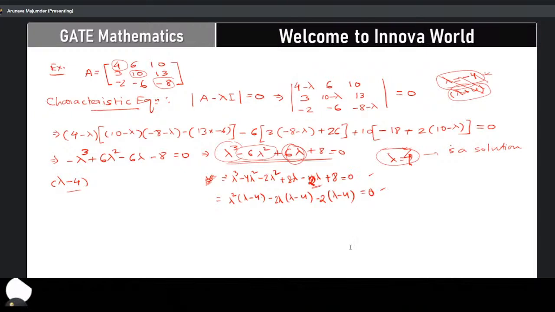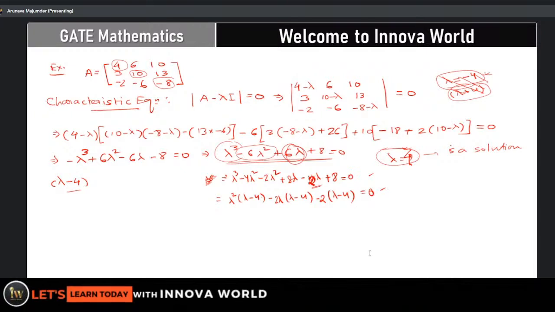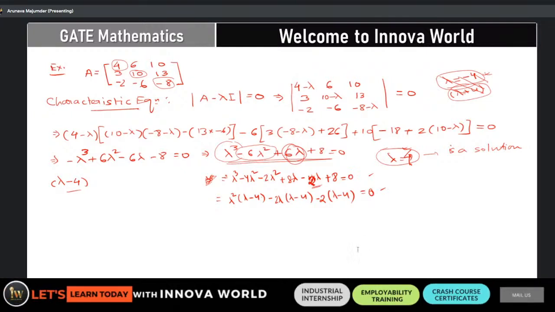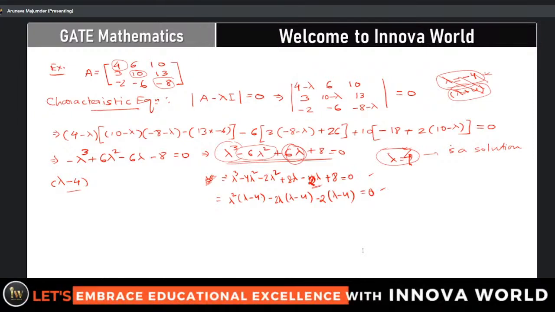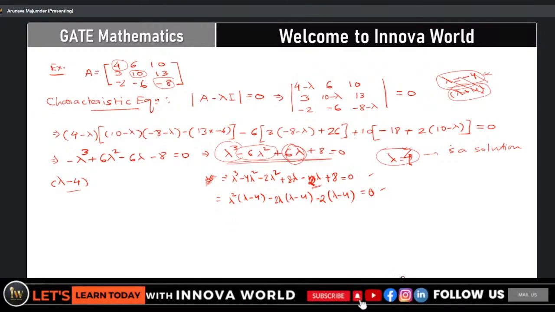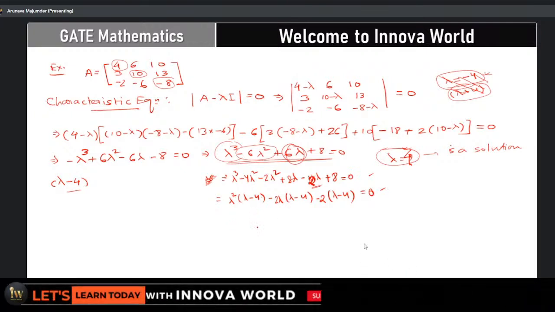If anybody has any doubt, you can just comment in the comment box. I will give you another lecture on how to solve quadratic or cubic equations, if you are having any kind of problem with equation solving techniques.